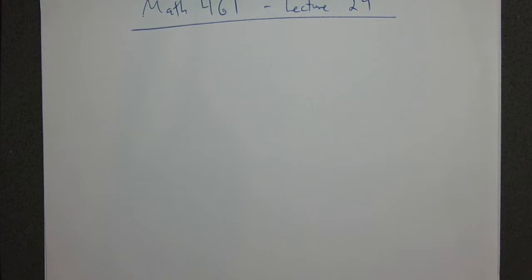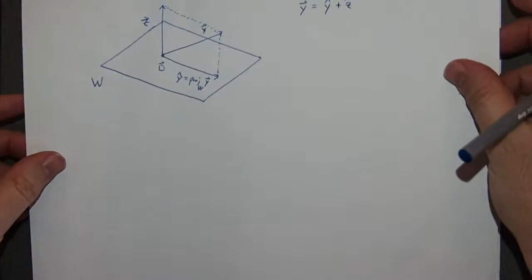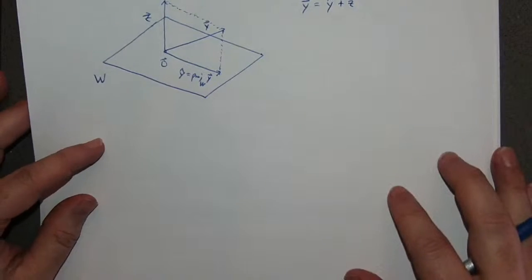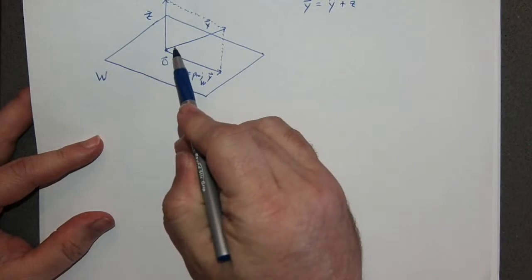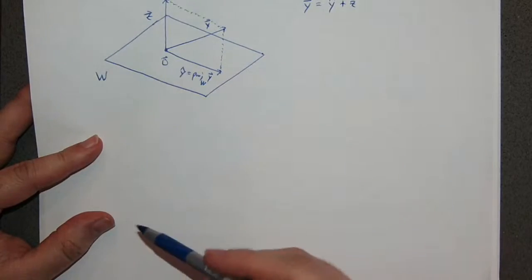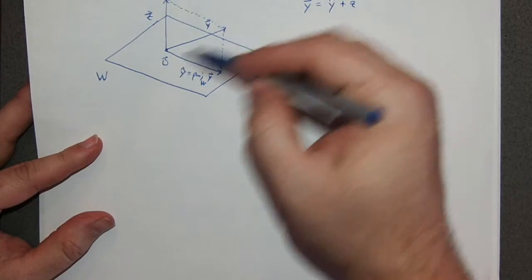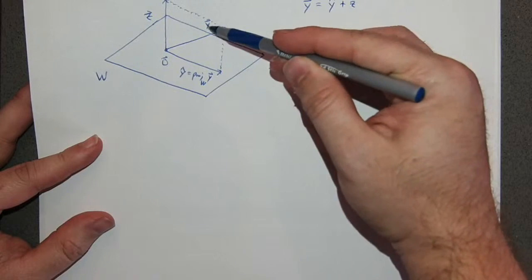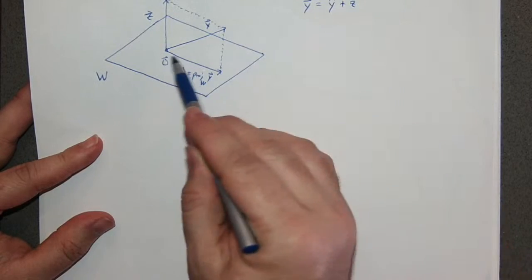So I want to do an example of this. Remember, I drew a picture of this last time. My picture looked like this. Again, the idea is that I have vector y and subspace W. Of course, here I've written it as a plane, though it doesn't need to be. In that case, my orthogonal projection of y onto W might look like this.